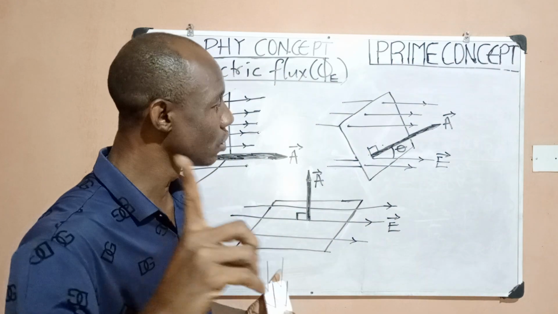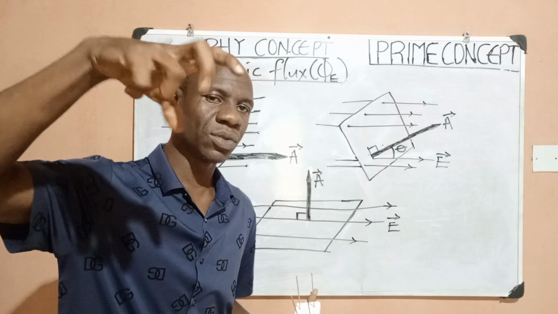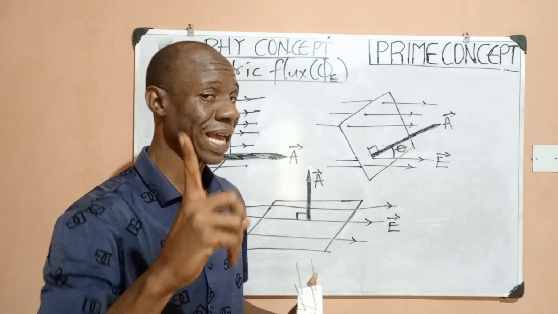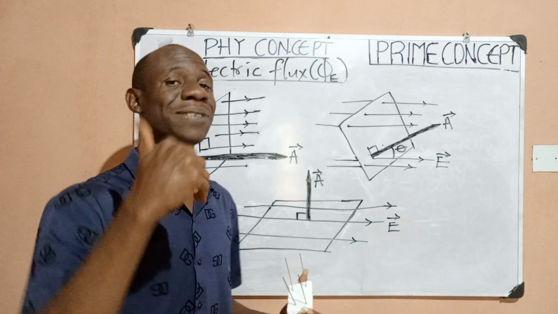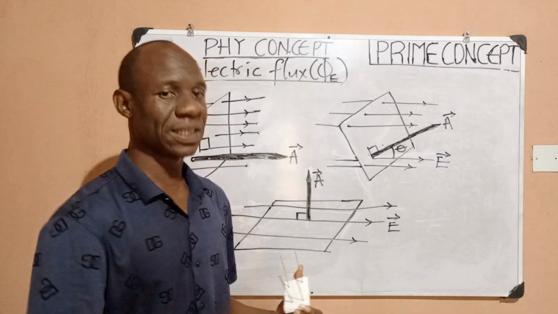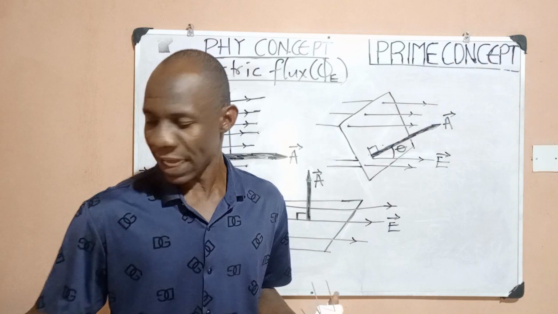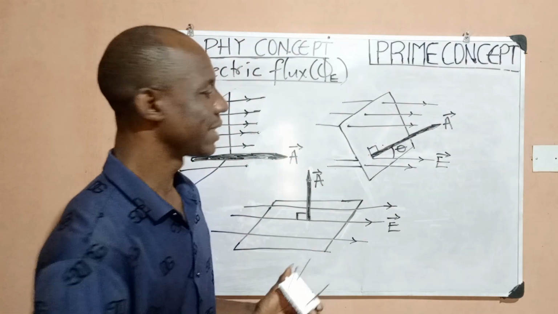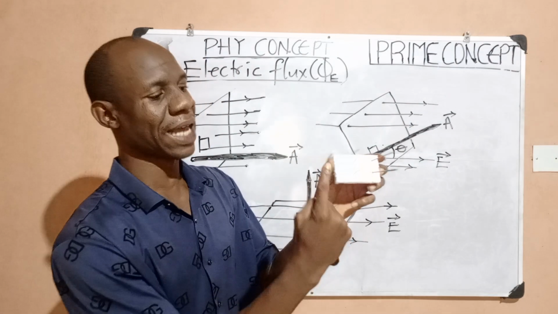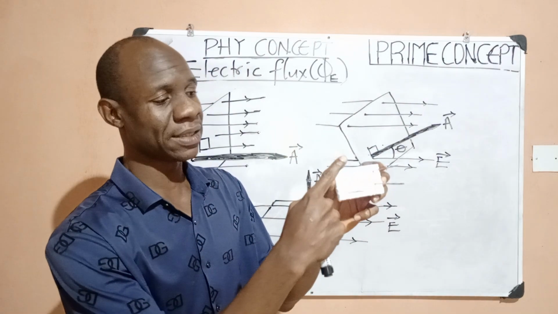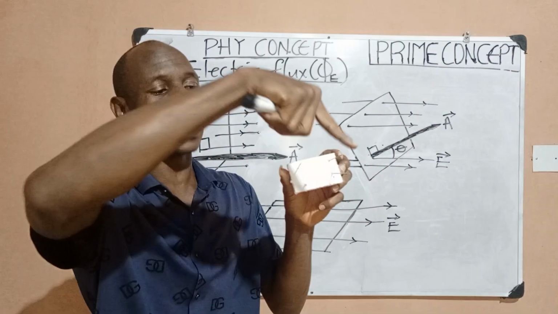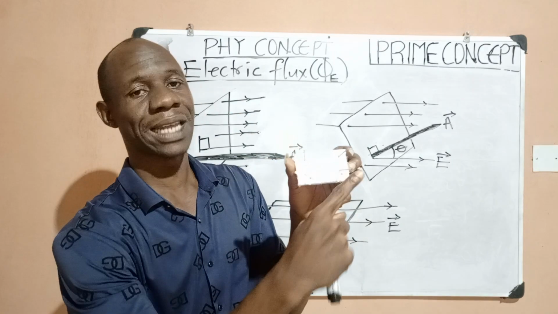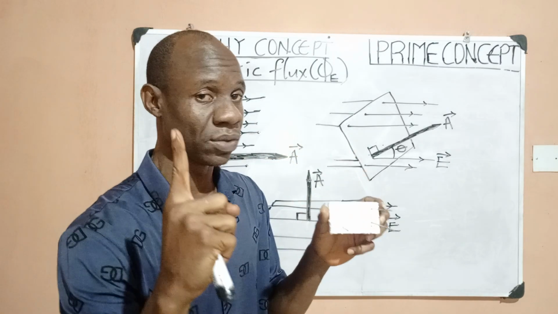So you should take note that electric field is usually denoted with lines, and that is why we call it electric field lines, which is not the same as flux. Now, I earlier showed you a surface. If I denote electric field with lines, say these sticks I have here are lines, these lines represent electric field, right?